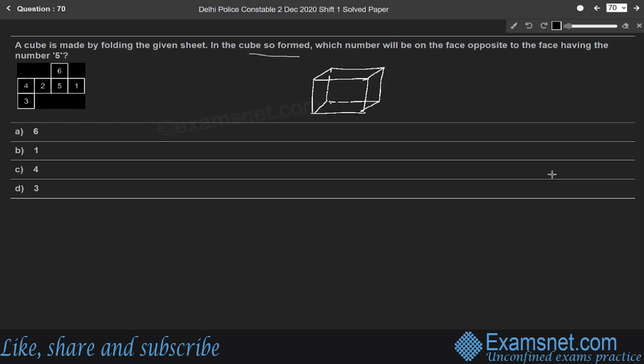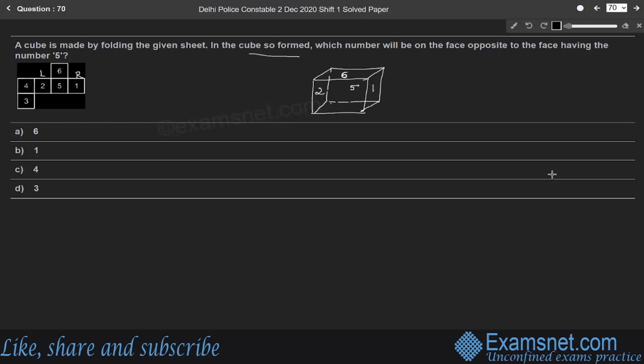Yes, like this. If we consider 5 as the hind face of the given cube, 2 becomes the left face and 1 becomes the right face. And 6 becomes the top face.